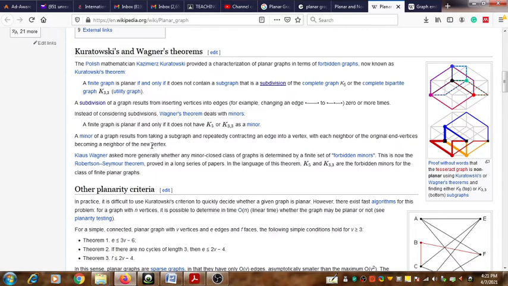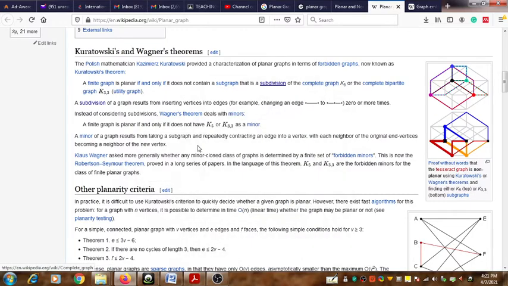Thus in this video we have discussed two important results that will help us to say whether a given simple graph is planar or not planar. Both results give us a characterization of planar graphs, but in the first result the concept of subdivision graph is used, while in the second result the concept of minor is used.